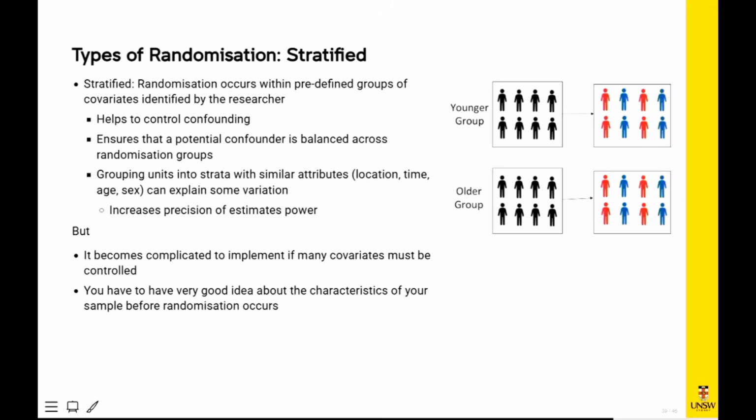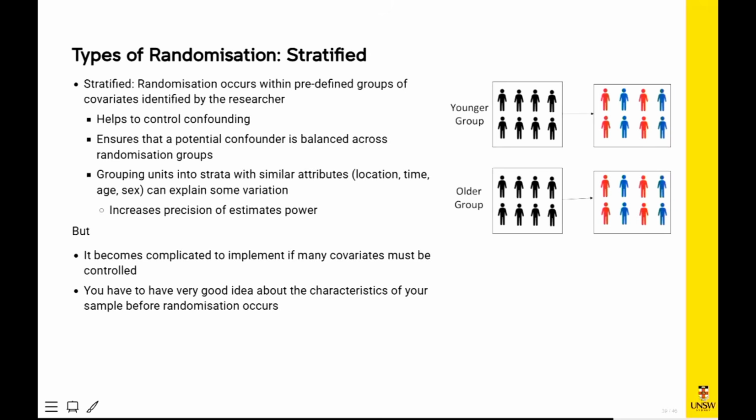People who are 45 years and older are going to be our older group. And then within those groups, I'm going to do some random allocation. In that way, you're making sure that your two treatment groups have a nice balance of older and younger participants. And that's one way to get away from age being a confounder in the relationship between your intervention and outcome. So that's really good.